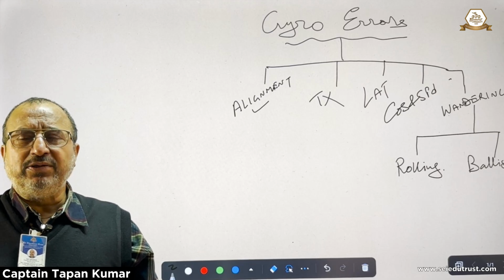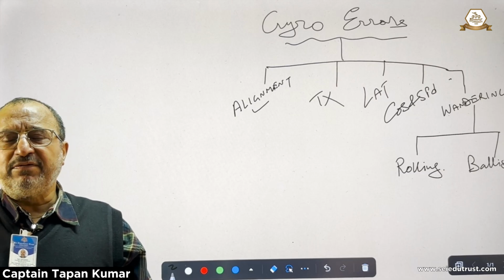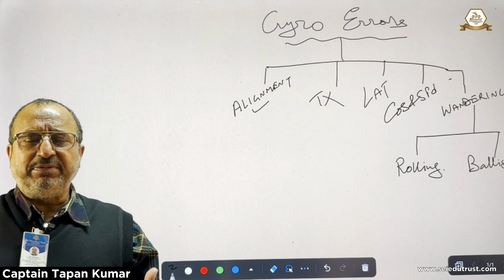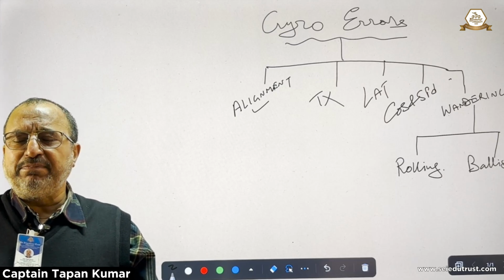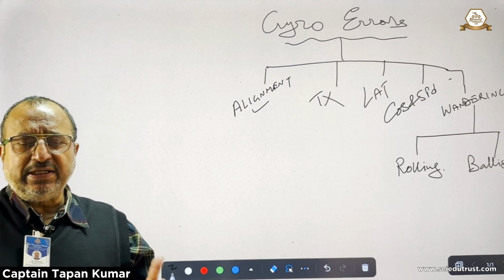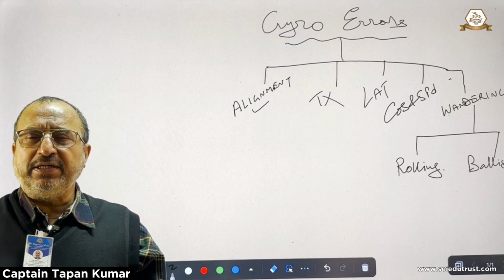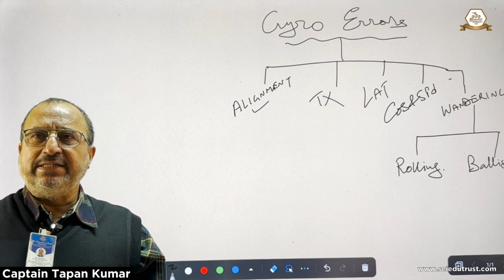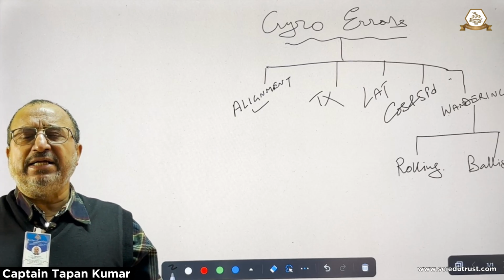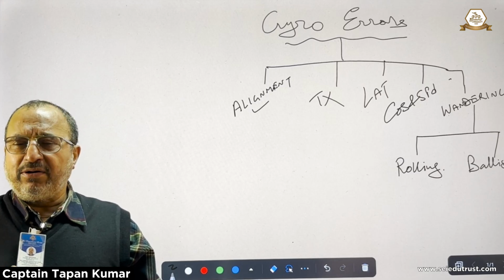I'm not going into details about the transmission part, but very briefly, one transmitting unit is coupled with the spindle of the master gyro compass, and this transmitting unit is connected with another reception unit, that is, each and every repeater, and this reception unit again is coupled with the spindle of the repeater compass.